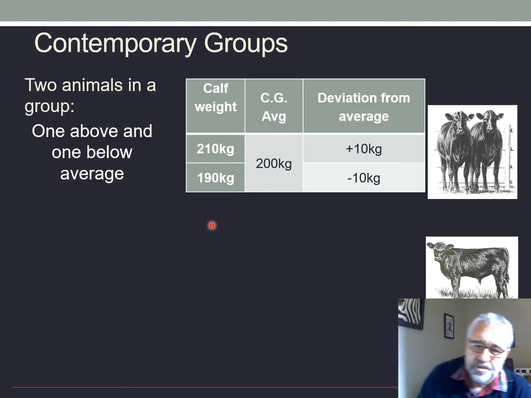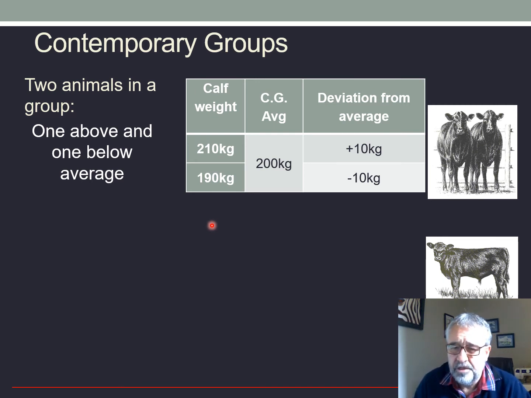Okay, so this also means that if we talk about a contemporary group and you only have two animals with weights in a contemporary group, one will always be above average and the other one below average. So this is also, I would say, not a good practice. So one will have to look at the size.